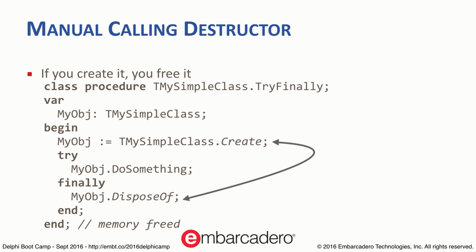An example of when you might want to do that is if your object has some sort of unmanaged resource like a file handle or a database access handle. In those cases, you need to call DisposeOf. Now, because ARC automatically calls the destructor when it frees the memory, you don't have to call DisposeOf, but you can call it to free it right away.